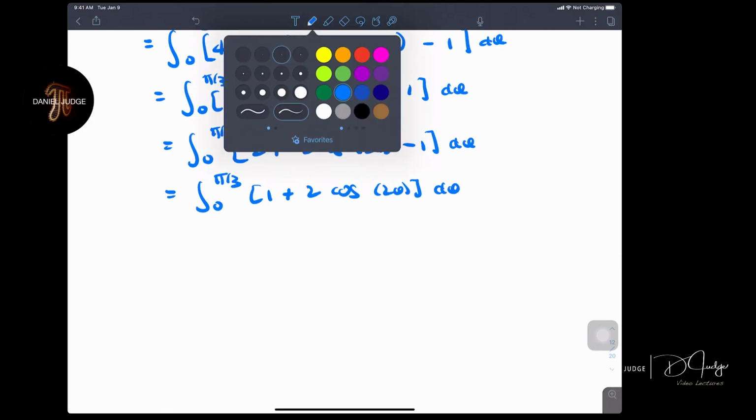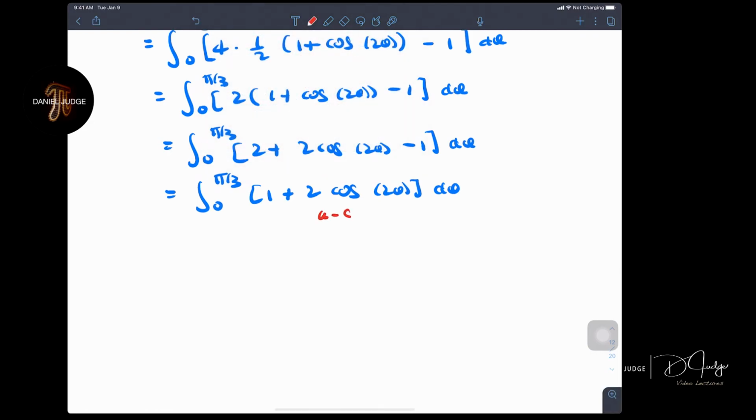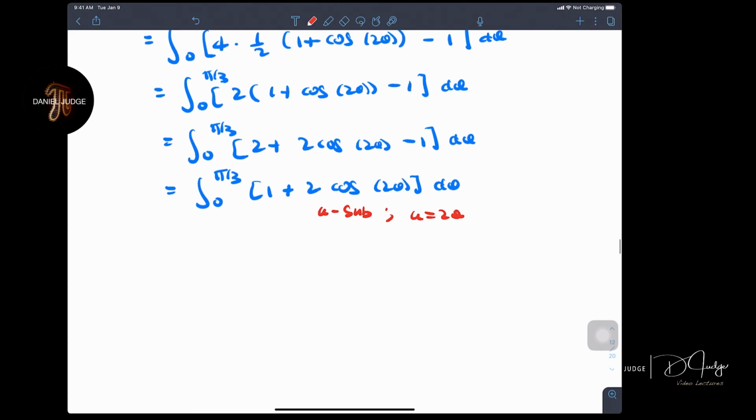So when you integrate, you're going to use u substitution over here, where u is 2 theta. So remember, the derivative of sine is cosine. So when I integrate cosine, I just get sine. So here's what this becomes. Theta plus 2 times 1/2 sine 2 theta, evaluated from 0 to pi over 3.